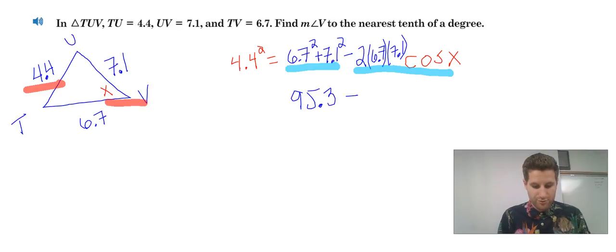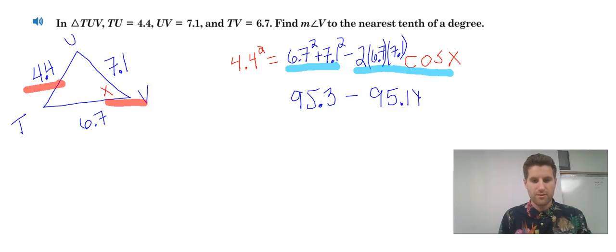Minus 2 times 6.7 times 7.1, I get 95.14.